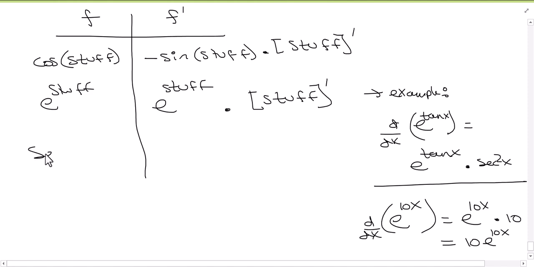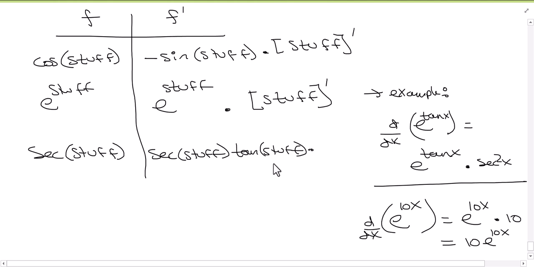And so with things like secant of stuff, right? This is where I want you to be really, really careful. The derivative of secant is secant tangent, but you need to have the stuff in there. So it would be secant of stuff, tangent of the stuff, and then times the derivative of the stuff.